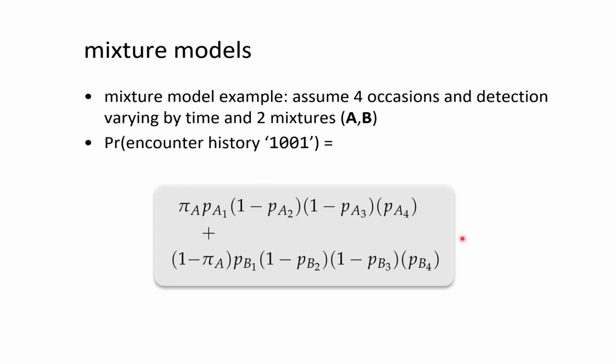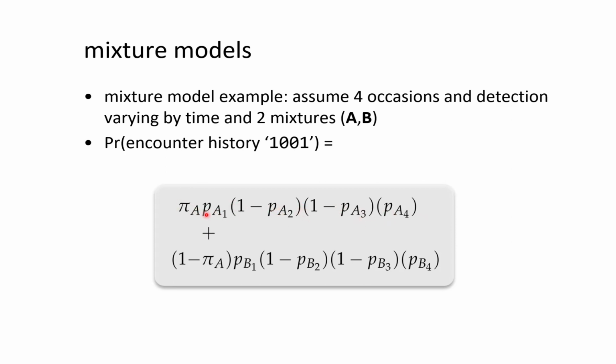What does that do in terms of your encounter histories? Well, perhaps not surprisingly, it simply adds a little bit of bookkeeping. All right, so let's assume we've got 4 occasions with detection varying by time, and we have 2 mixtures, A and B. So here's our encounter history, 1, 0, 0, 1. The probability expression for 1, 0, 0, 1 would be, okay, there's some probability pi that you're in mixture A. And then if you're A, then there's pA1, 1 minus pA2, 1 minus pA3, and pA4.